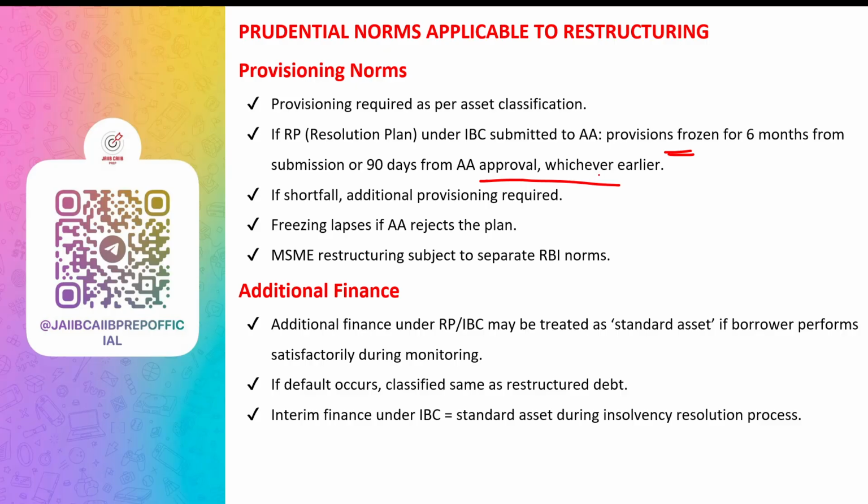If provisions are less than required, then the bank must increase them. If the adjudicating authority rejects the plan, the freezing benefit ends immediately and normal provision norms apply.